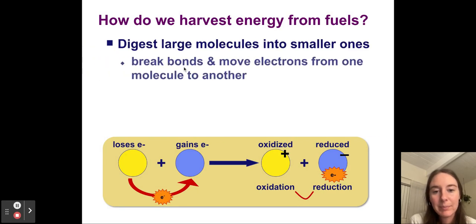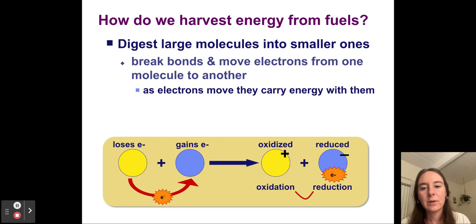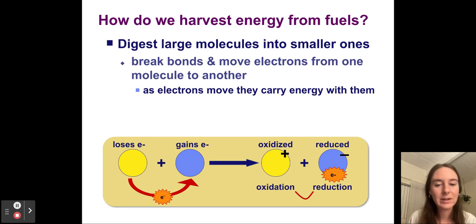We break bonds, but as we're breaking the bonds, remember, bonds are held together by the sharing of electrons. What happens when a bond is broken is that you're going to move electrons from one molecule to another, right? As electrons move, they carry energy with them. So whenever you think about electrons, think about energy. Energy moves in the form of an electron.